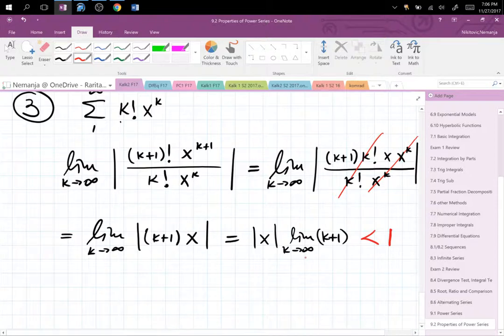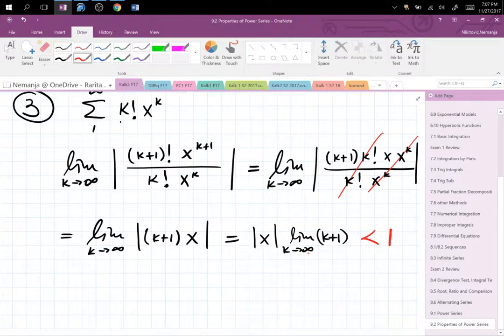Because, first of all, you get the concept of the limit. When things go to infinity, they are not infinity. Infinity is not a number. Infinity is a concept, a mathematical construct. So when you are thinking about this, this over here goes to infinity.